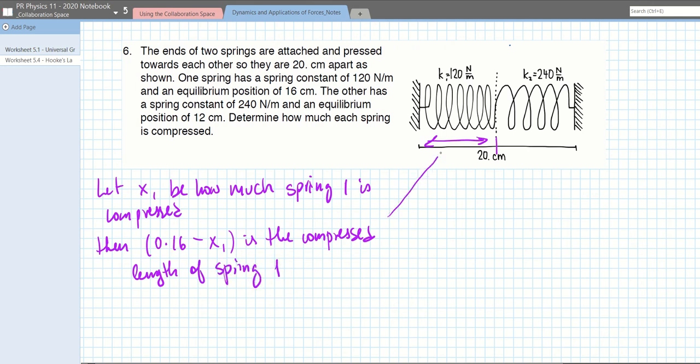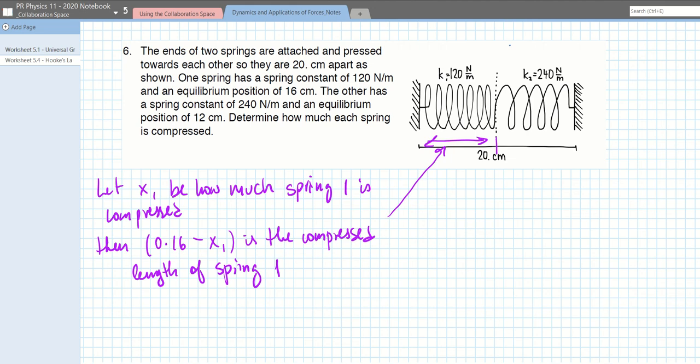Right? So this corresponds to that length right there. Well, if you know this length here, 20 minus whatever this is going to give us the compressed length of the other spring, because again, we know the total is 20 centimeters and we just expressed the length of the first spring that's compressed. Then 20 minus all of this is going to be the compressed length of spring 2.